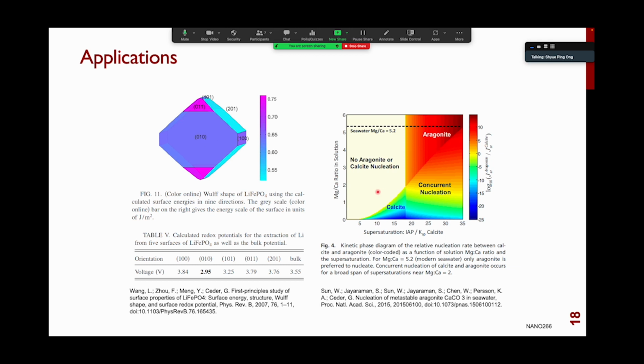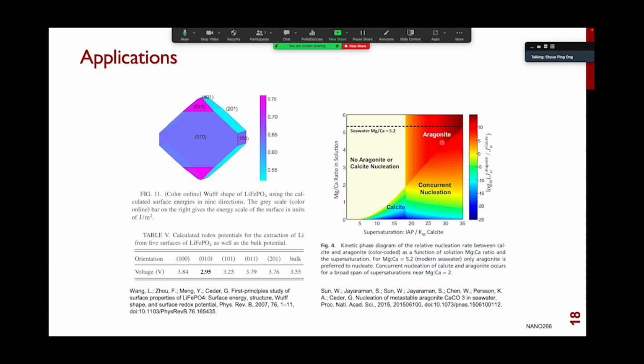This is also another very interesting work done by Wenhao Sun, where he studied the nucleation of metastable aragonite, which is a form of calcium carbonate, in seawater, right? This is something that maybe a lot of you do not know, but most calcium carbonate exists as calcite. This is the typical form of calcium carbonate that you encounter in rocks and in geology.